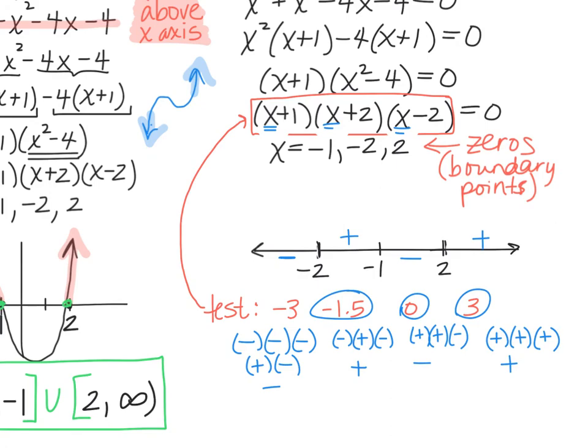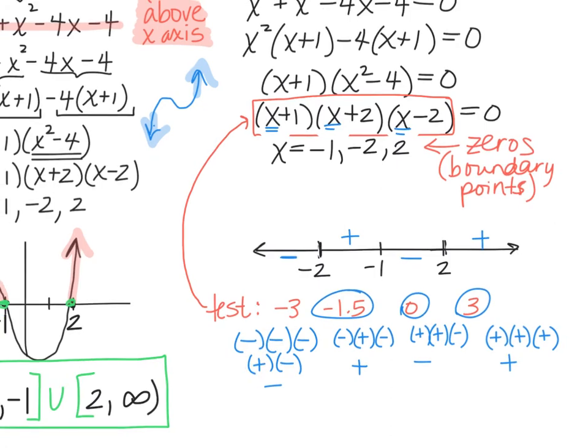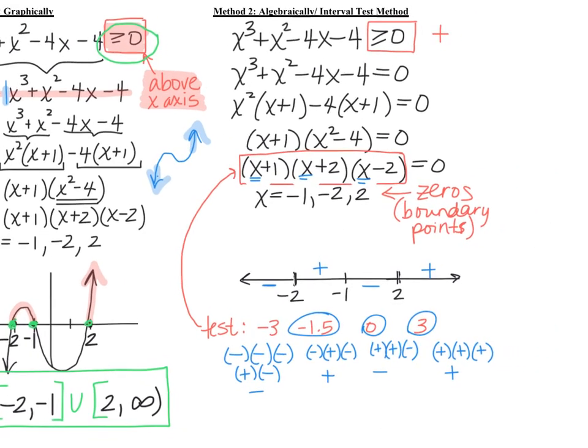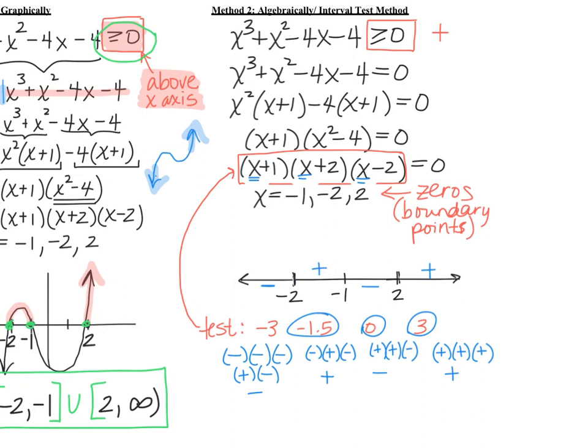And once you've done your sign analysis and you have tested around your zeros, around your boundary points, then you can go back to the inequality, not the original inequality, but the one that was compared to 0. So the one here in my first step where I said it was greater than or equal to 0, which means I'm looking for positive outputs, and we can highlight the intervals that give positive outputs, which would be between -2 and -1 and greater than 2.